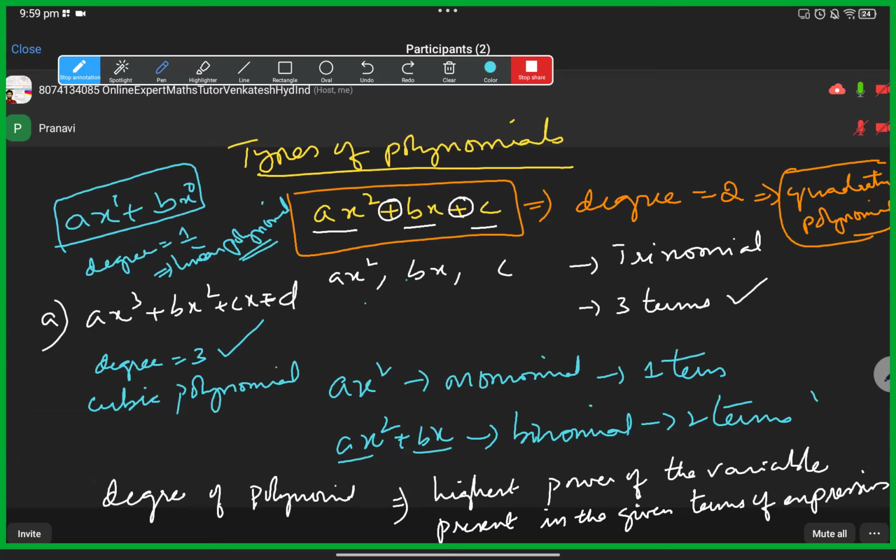One more point here, Pranavi: the degree and the type of polynomial are nowhere related. Even if you write a monomial, you can give it whatever degree you want. For example, if you want to write a monomial with degree 35, I can write ax power 35.